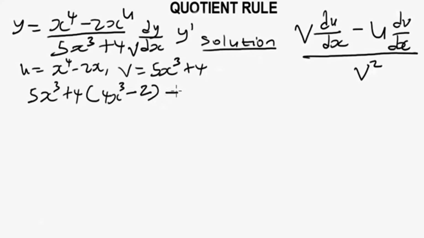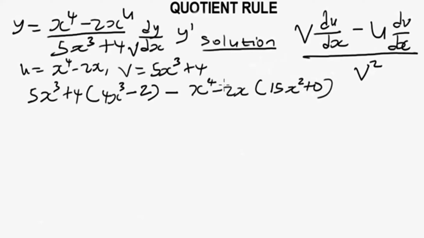Then minus, this time I want to leave u, which is x^4 minus 2x. This time I differentiate v. When you differentiate v, you're going to have 15x^2 plus 0, because when you differentiate a constant, you have 0.